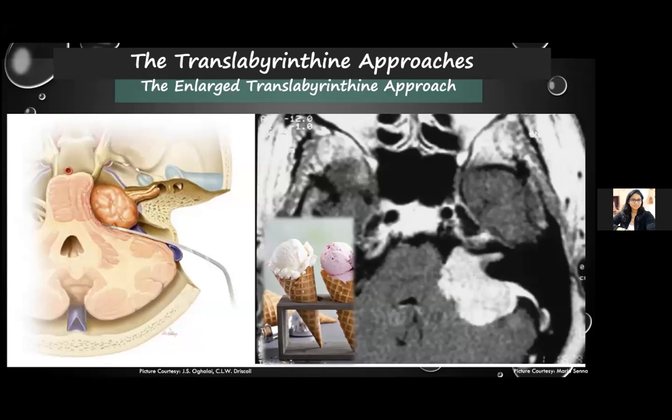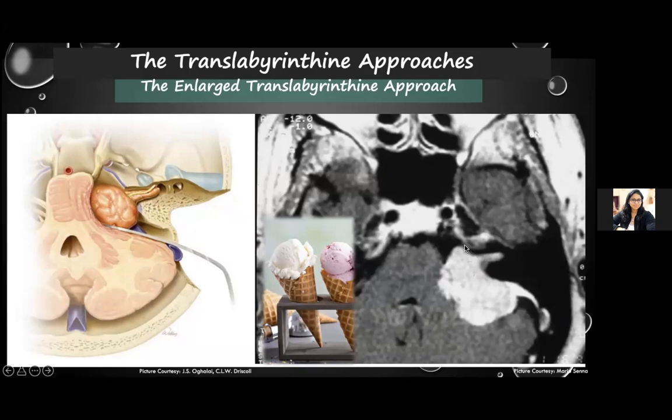Now this is a picture which shows the classical ice cream cone appearance of the acoustic neuroma. It is known as the ice cream cone because the cone represents the canalicular part and the ice cream represents the part which is coming into the cerebellopontine angle. Next to this picture we have an MRI which shows another ice cream cone appearance.